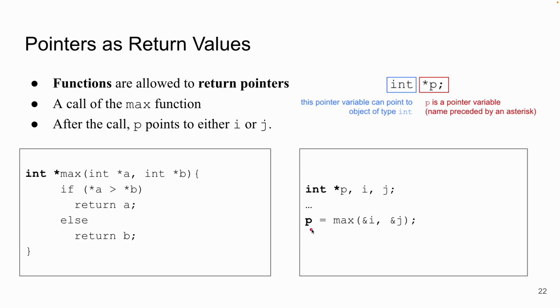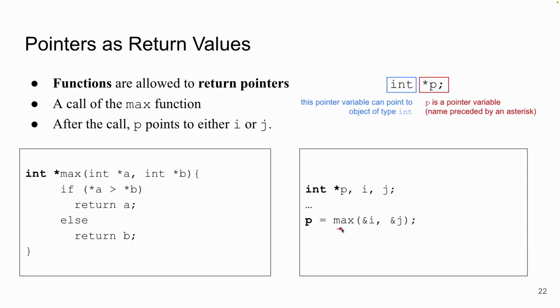Then I call the max function like this. What I want to do is compare i and j, and then I want p to point to the larger value.